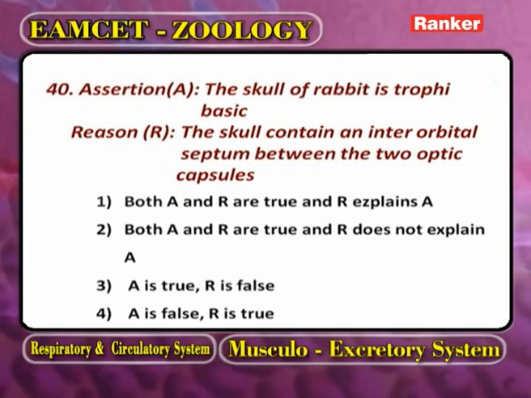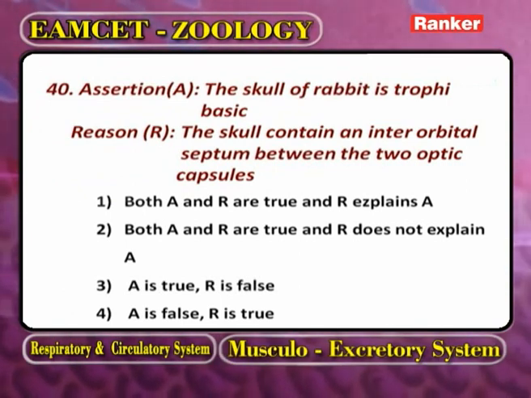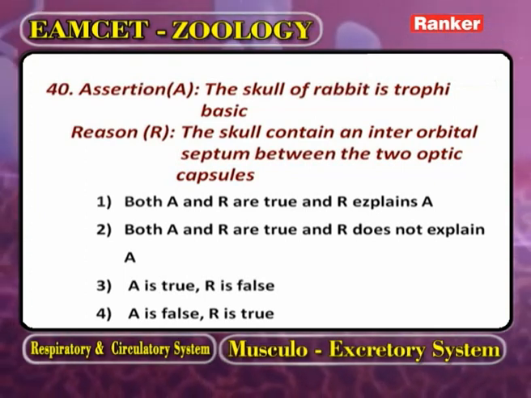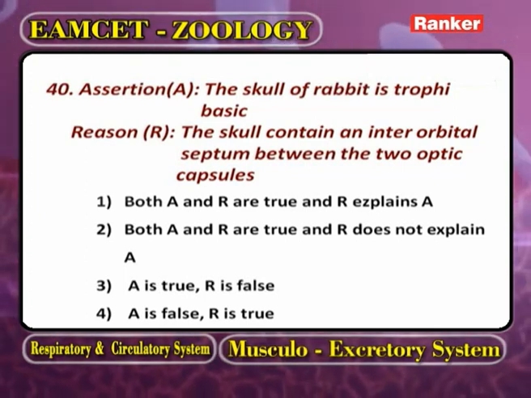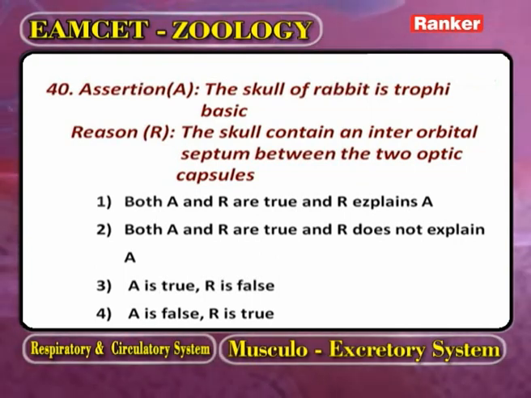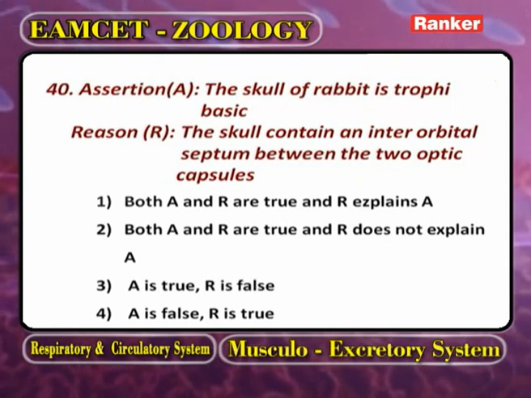Now assertion. The skull of rabbit is tropibasic. What is meant by tropibasic skull? As we observe the rabbit, this part we call the skull. At the base of the skull, two occipital condyles are present.